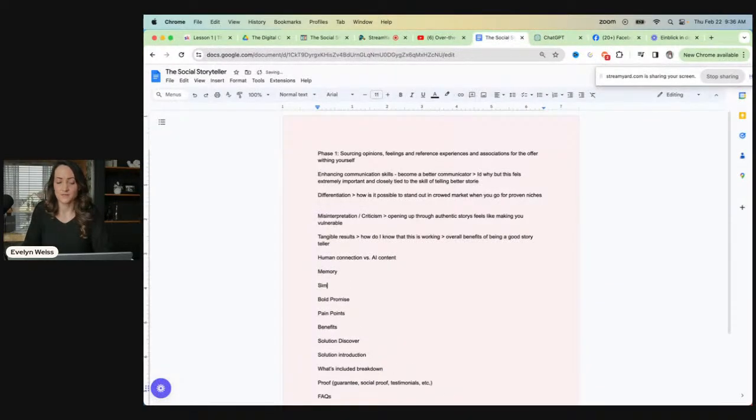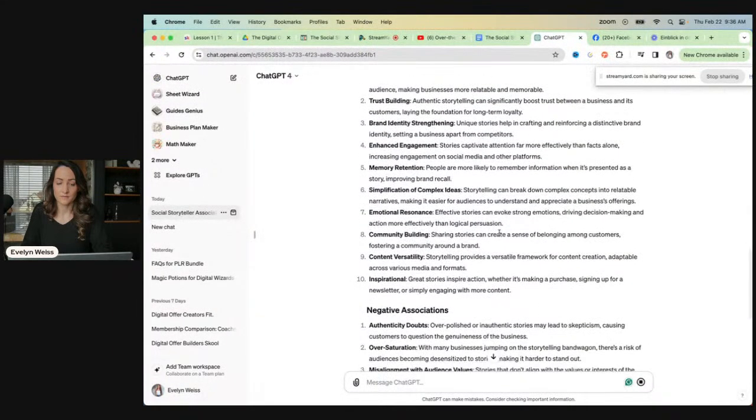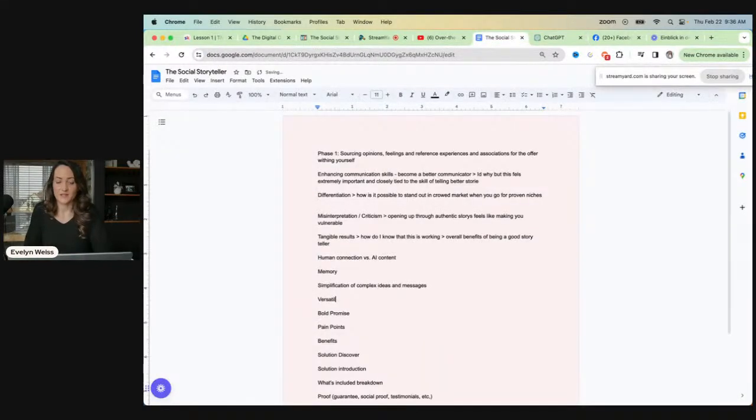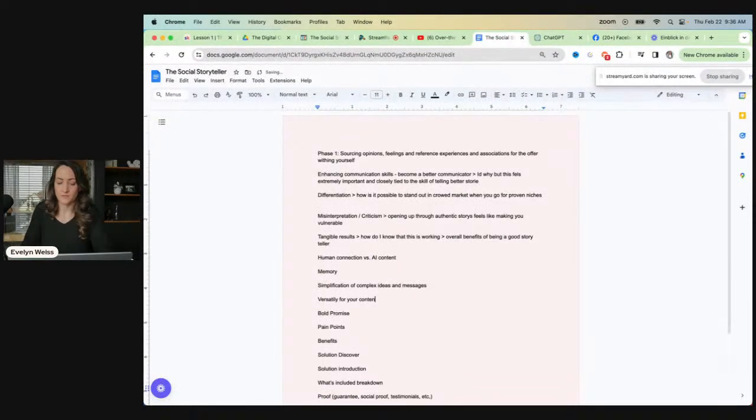Simplification of complex ideas and messages. Yes, huge. Content versatility, I do think yes. Versatility for your content, because the multi-platform approach is so important for people.